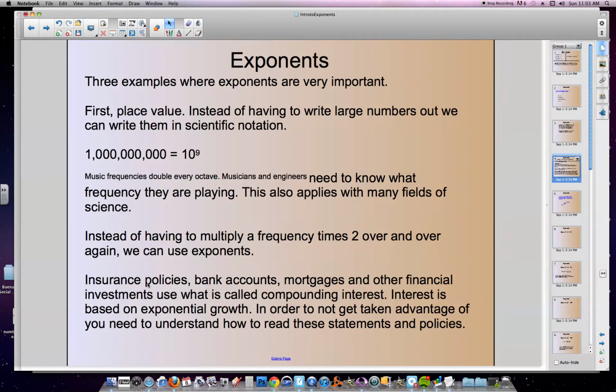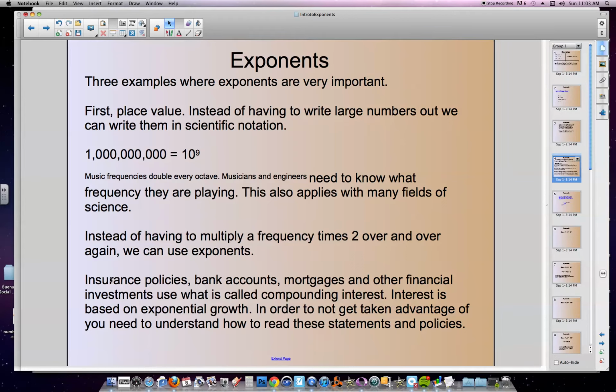And lastly, insurance policies, bank accounts, mortgages, lots of financial investments use interest, specifically what's called compounding interest. And the idea is that the amount of money you have grows by a certain multiple over time. You get a certain amount of extra money, or have to pay a certain amount of extra money over time.